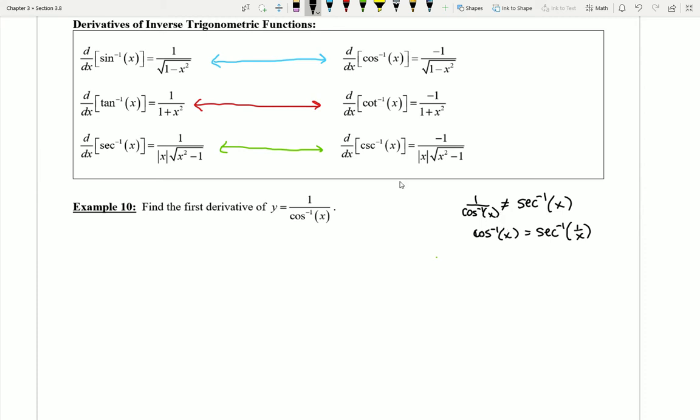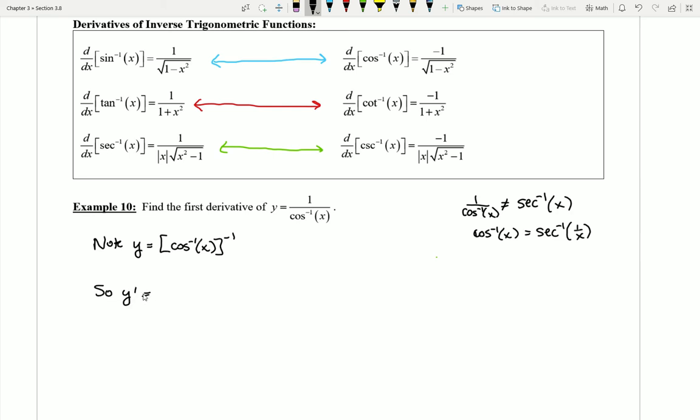So I have to be careful first not to try to just rewrite this as inverse secant and state this derivative. Instead, what I could do is rewrite y as the inverse cosine of x raised to the negative first power. The reason I'm going to do this is that I'm going to try to avoid using the quotient rule to take this derivative and instead deal with a chain rule.